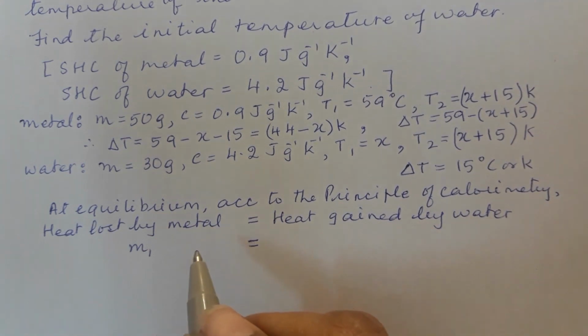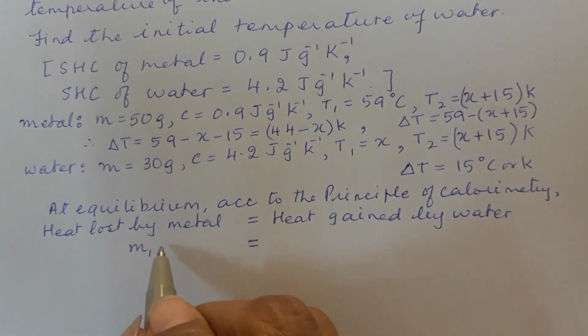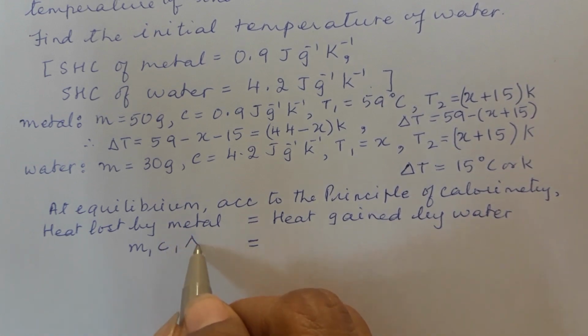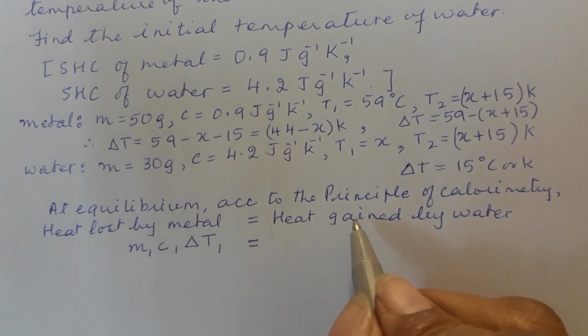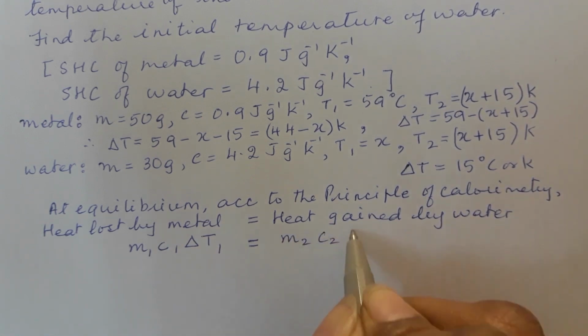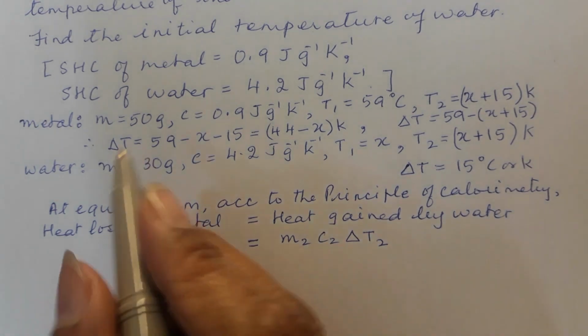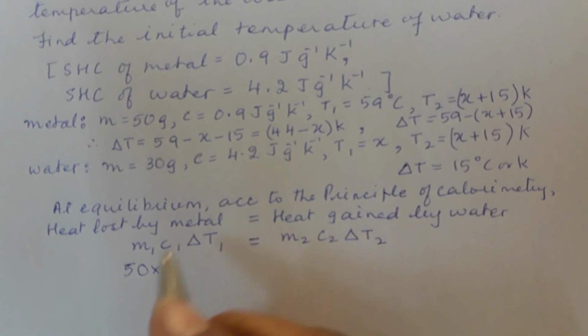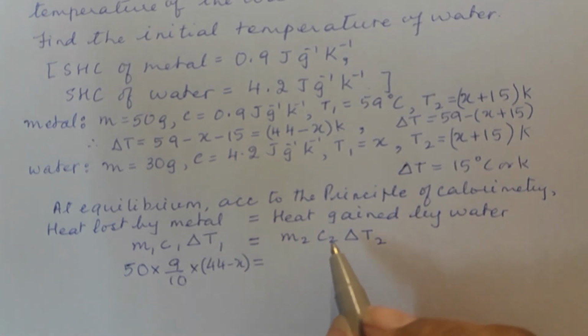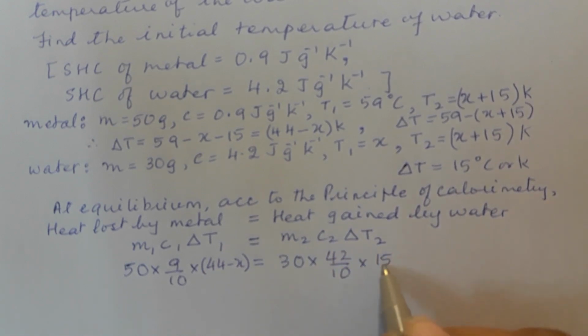We know that the heat is given by the formula mcΔT. For our metal, it becomes m1c1ΔT1, and for water it becomes m2c2ΔT2. For the mass of the metal, it is 50, c is 9 upon 10, and our ΔT is 44 minus X. That will be equal to m2, which is 30 for water, into c2, which is 42 upon 10, multiplied by 15.